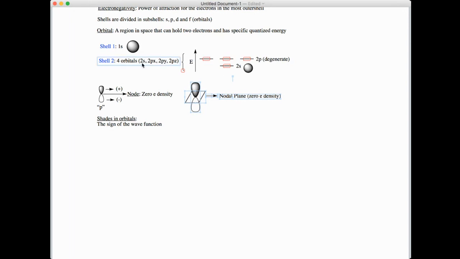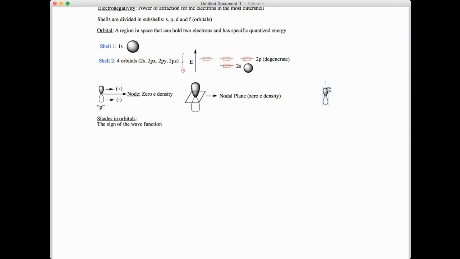I said we had x, y, and z. These three p orbitals are orthogonal to one another, which means that they are forming 90-degree angles in between them.